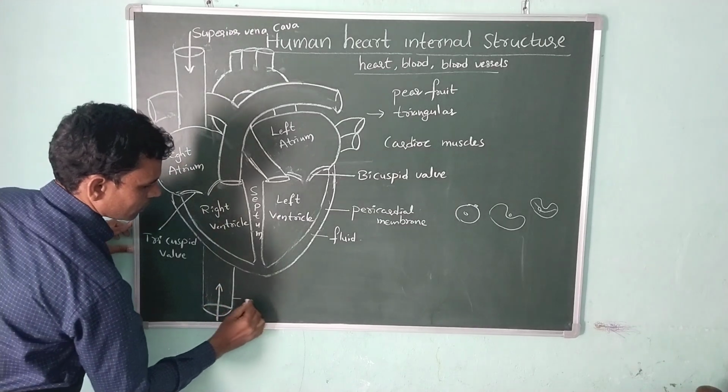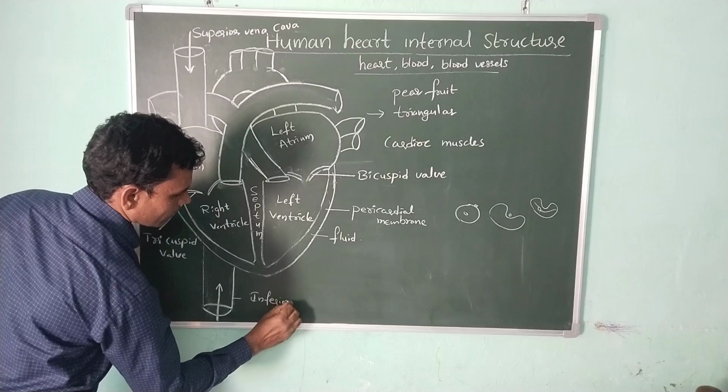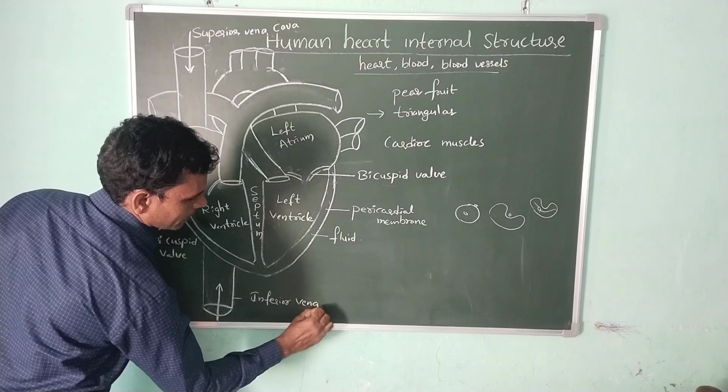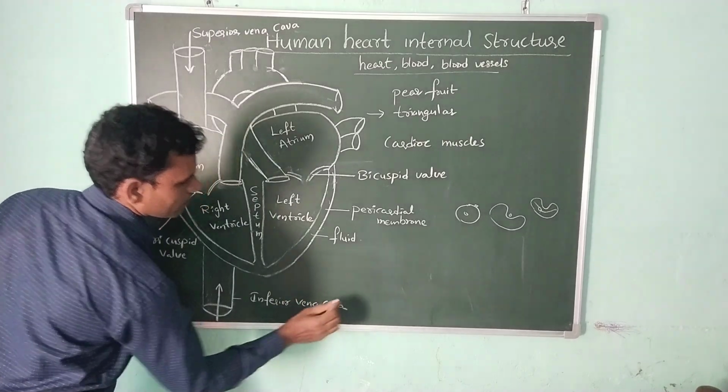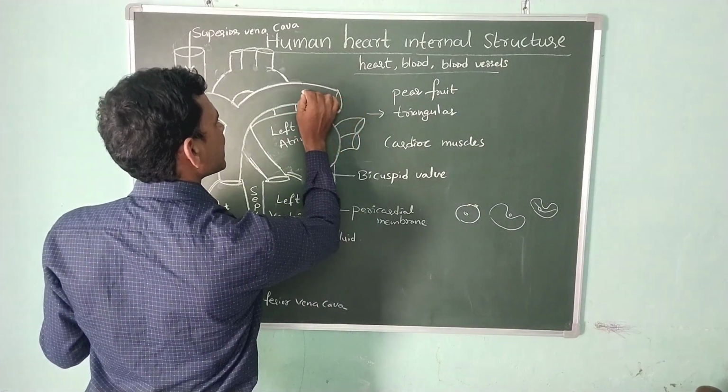This is called the inferior vena cava. Next, it is called the pulmonary artery.